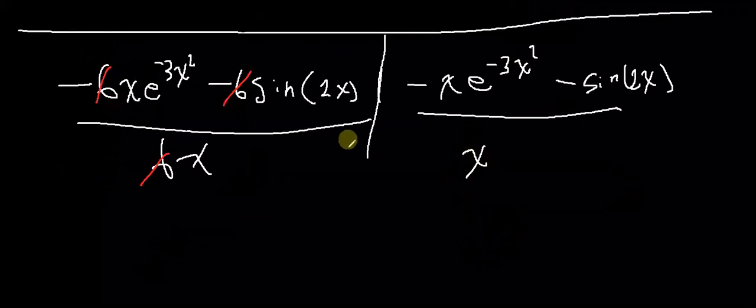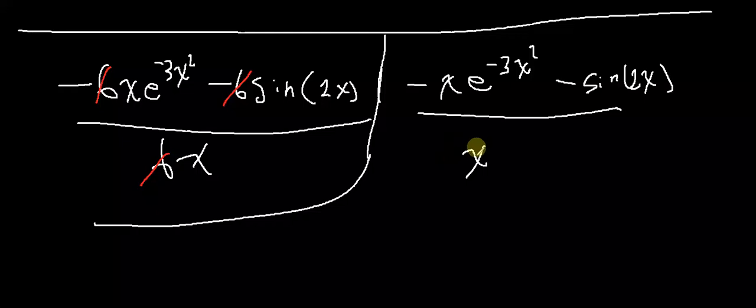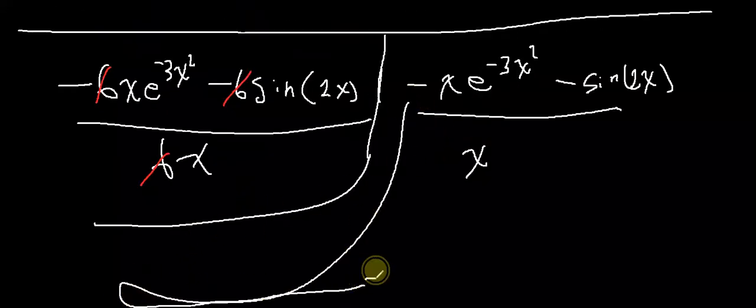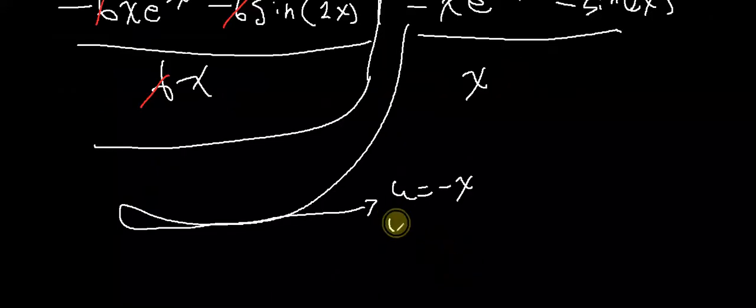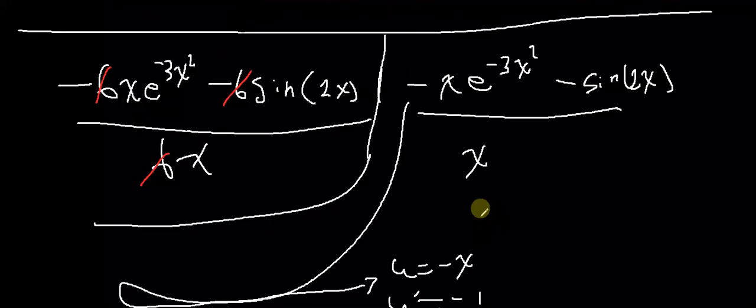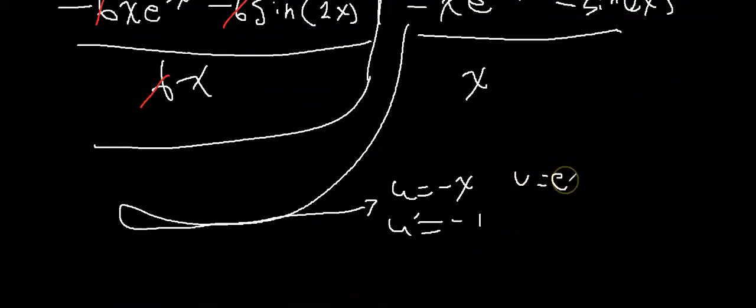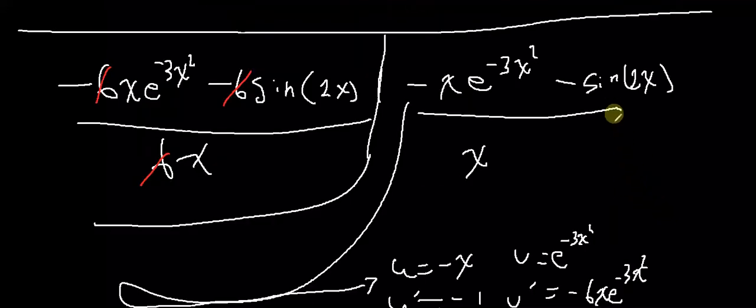Now we need to find the derivative of the top and bottom. For the first factor we use the product rule. u is equal to minus x, u prime is minus 1, v is e to the minus 3x squared, and v prime is negative 6x e to the minus 3x squared. And then minus sine 2x.